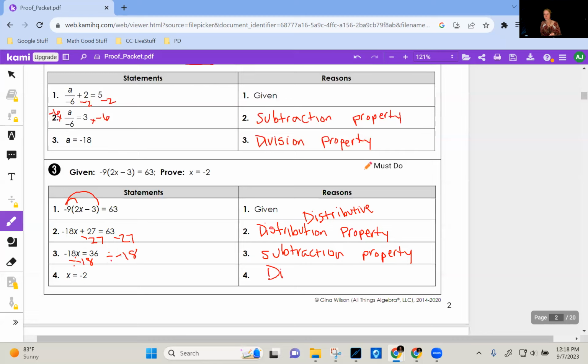That means that I used the division property. So for each of these, think about what it is that you're actually doing between the steps. Don't just look, because the biggest mistake I see is that somebody sees a plus sign here, so they say that it's addition. So pay attention to what step you are actually doing when you do your algebra.